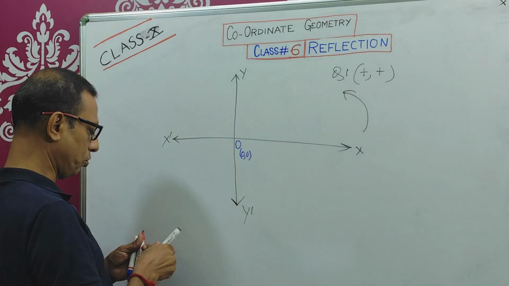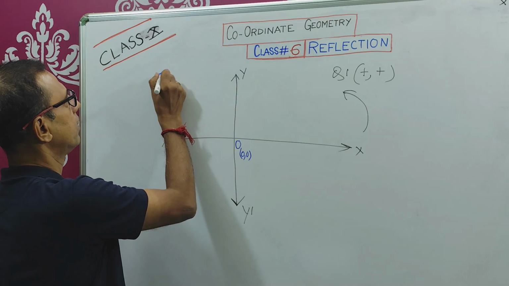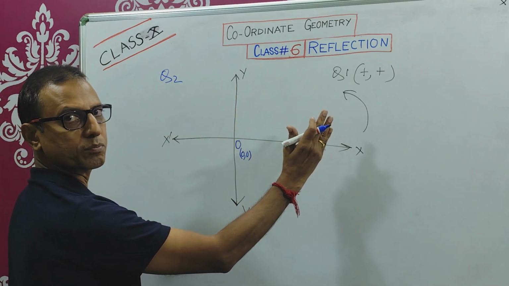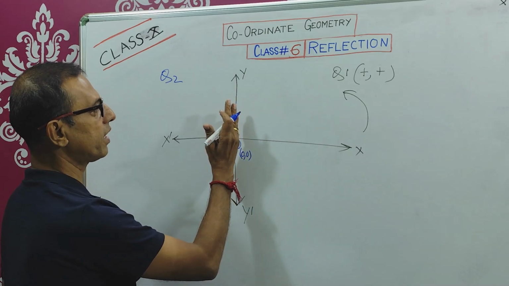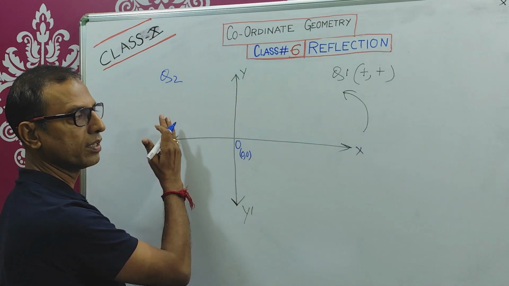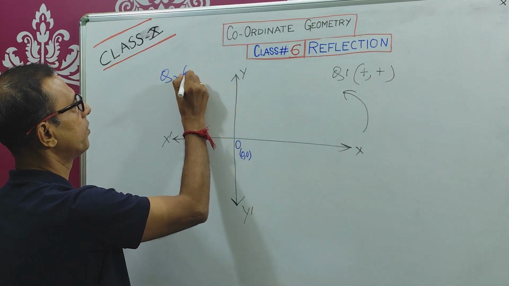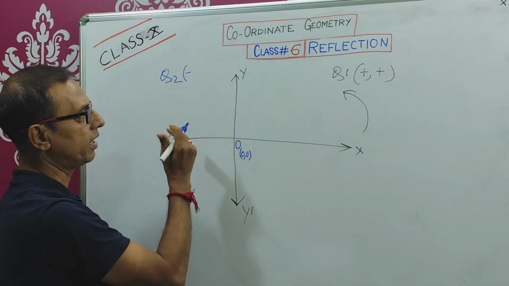This is Q2. Right of the y-axis x is positive, left of the y-axis x is negative.